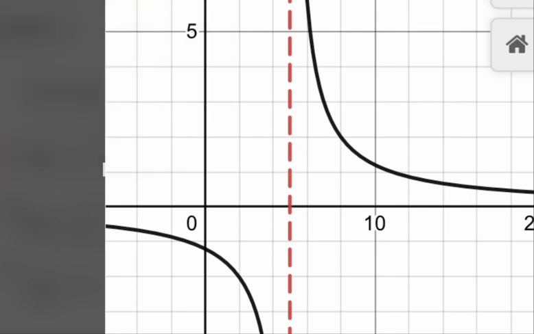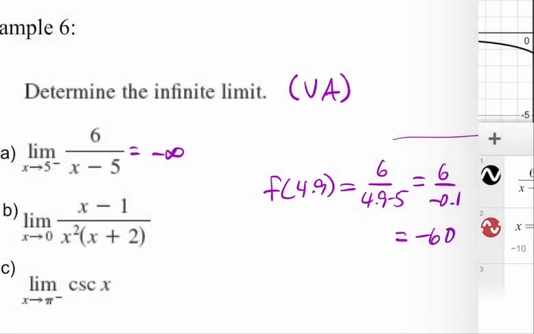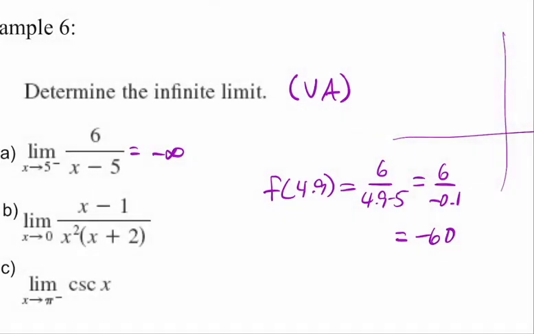So do you see the graph? Do you see how at 5, we are approaching negative infinity from the left, but positive infinity from the right? So let's actually just take a minute and check from the right. So for 6A, I want to do the limit as x approaches 5 from the right.